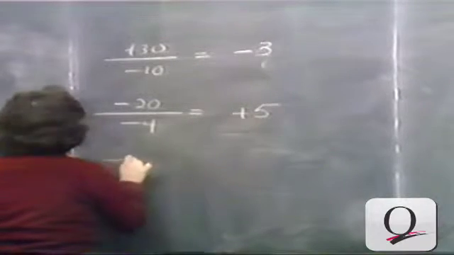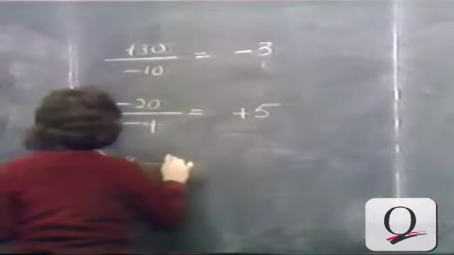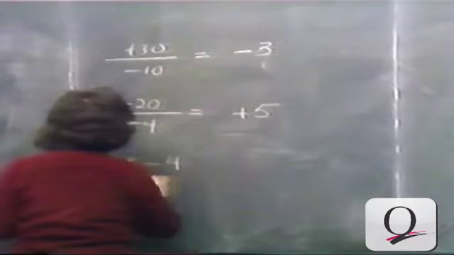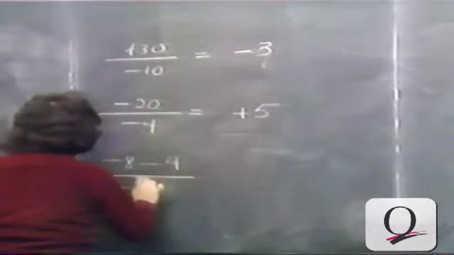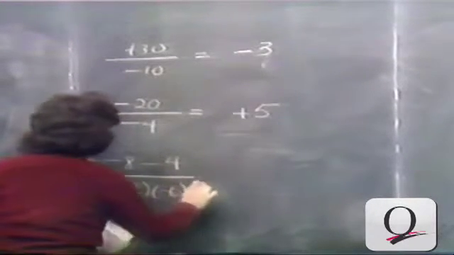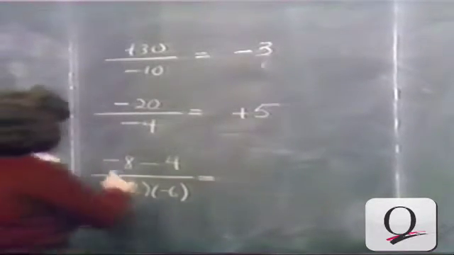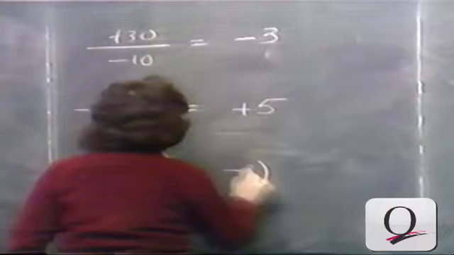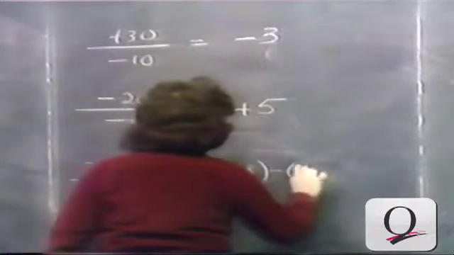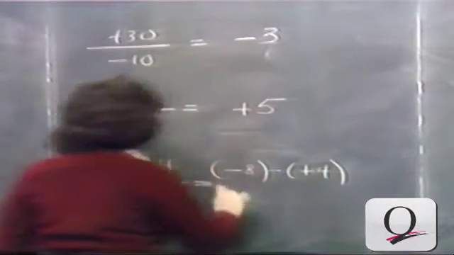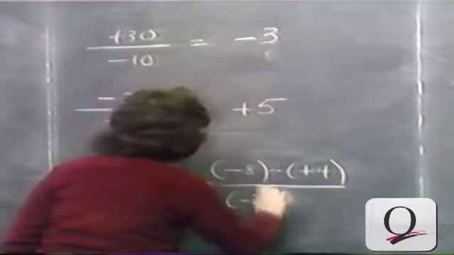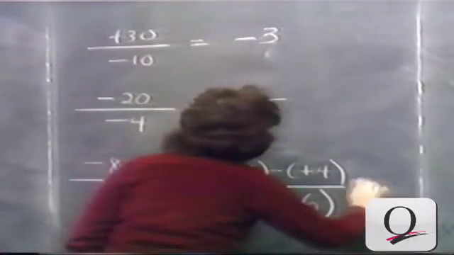Now let's try minus 8 minus 4 over minus 2 times minus 6. This is really minus 8 take away a plus 4 over minus 2 times minus 6.